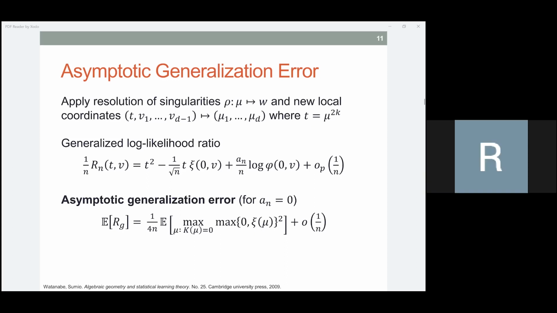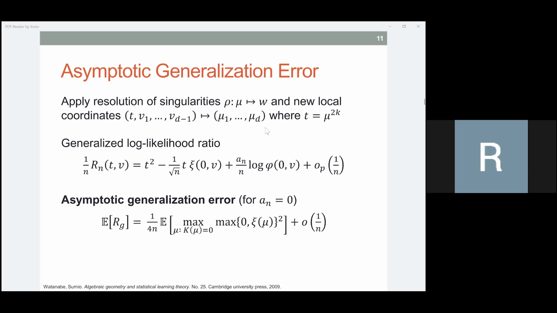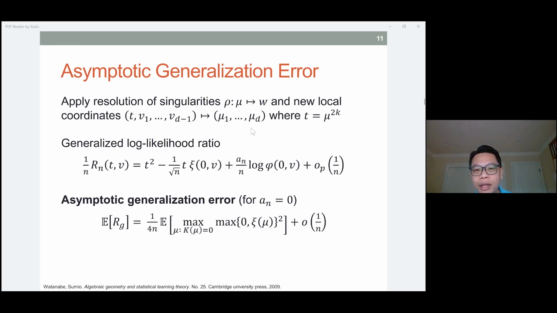In these new coordinates, what is the equation of desingularization of the true fiber? The true fiber in the new coordinates? Yes. To be honest, I don't like this t coordinate system. I'm going to go back to the mu coordinate system.